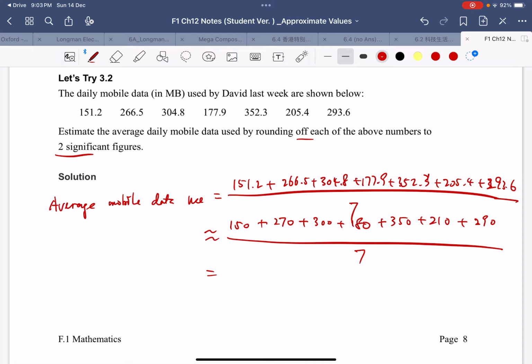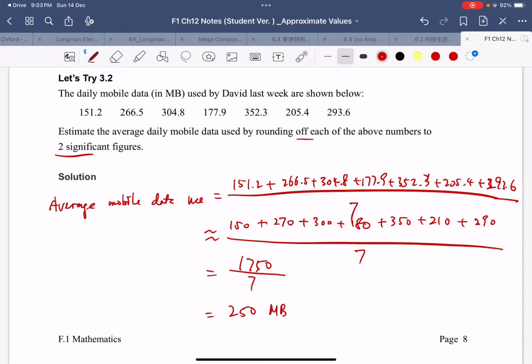Again, you are going to add up all the numbers here. How many? 1750 divide by 7, and it would be 250. The unit is MB.